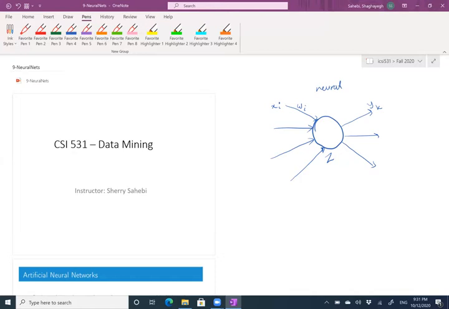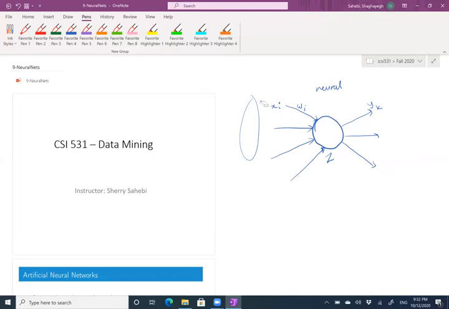This neuron can be connected to other neurons, or it can be connected to our input data or output data layer. So for example, on this side, you can have other neurons, or you can have the input layer that is connected to your data, basically.